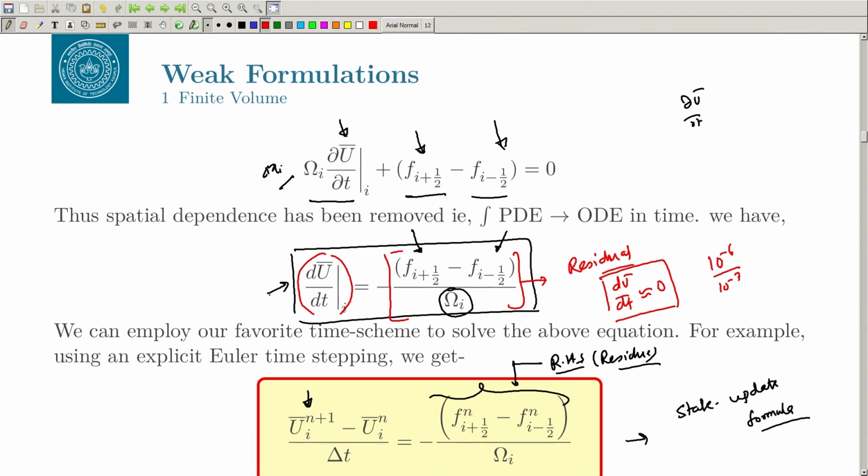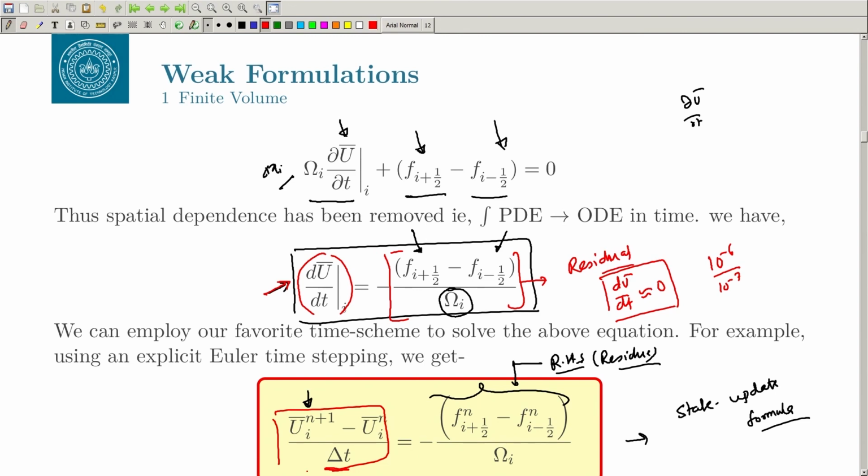If you use this time marching scheme, where you have this on the left hand side, you can keep on measuring the residue, and as it goes to a very small value, you can say that my solution is converged.